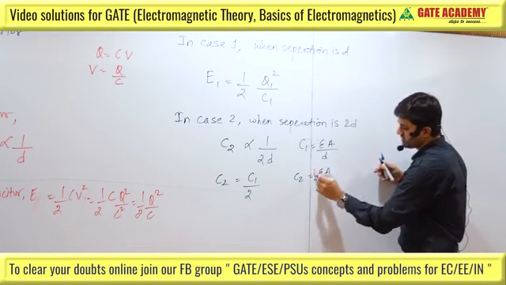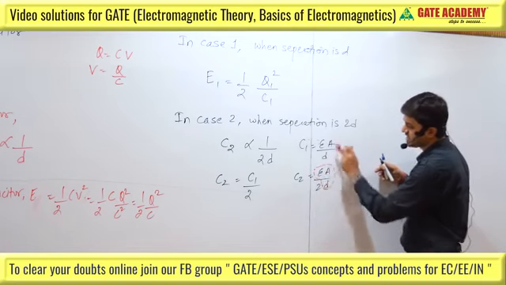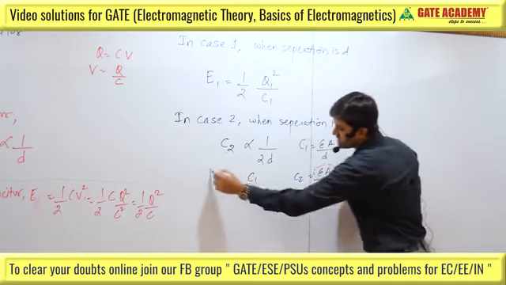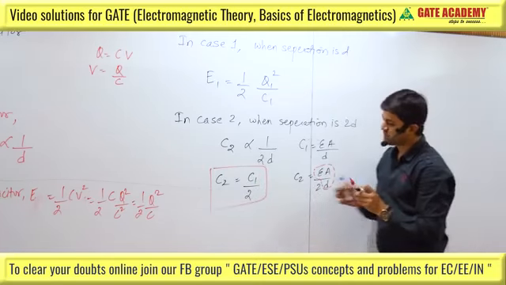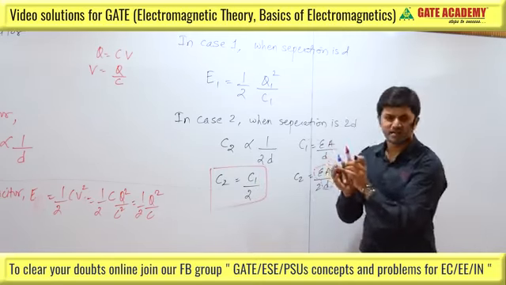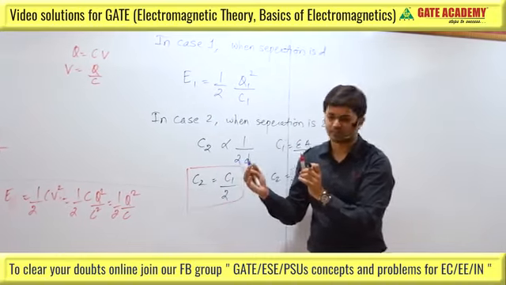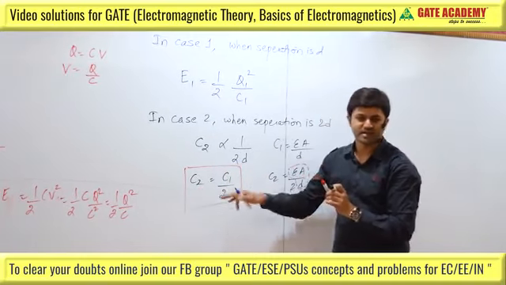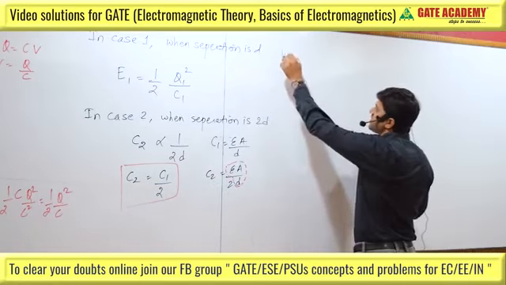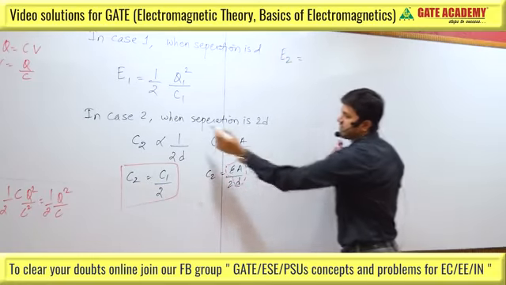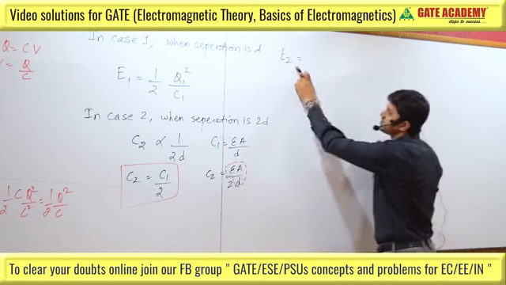So this epsilon A by D can be written as C1, and C2 equals C1 by 2. So when we increase the distance between the plates, the capacitance is reduced. The energy stored when the separation is 2D is denoted by E2.